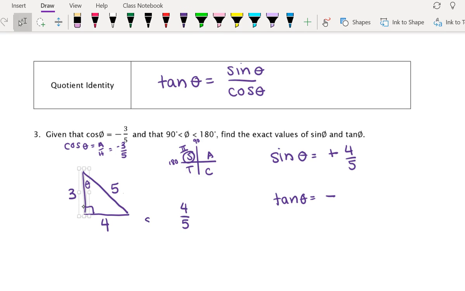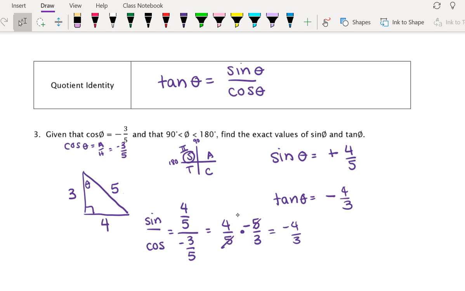Tangent theta also would be 4 over 3, but using sine over cosine, it is equal to 4/5 over -3/5. Well, that's equal to 4/5 times 5/3, because remember we flipped the second fraction, and let's make it negative. The 5's cancel, and there I have -4 over 3, which is what tangent is equal to.